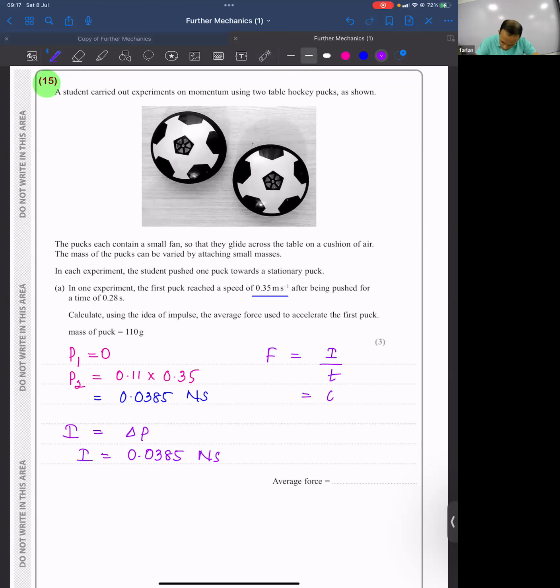So the impulse is 0.0385 over the time taken, 0.28. That's 0.1375 newtons. That is the force which is used to accelerate the first one.